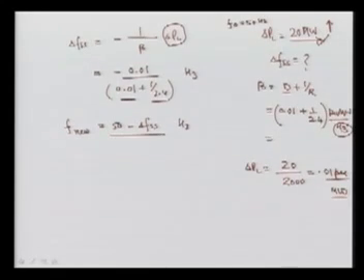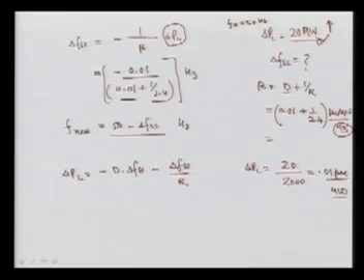As I said, this change in PL is nothing but minus D into change in Fs, minus change in Fs divided by R. If we put the steady state value here, we can calculate the change.